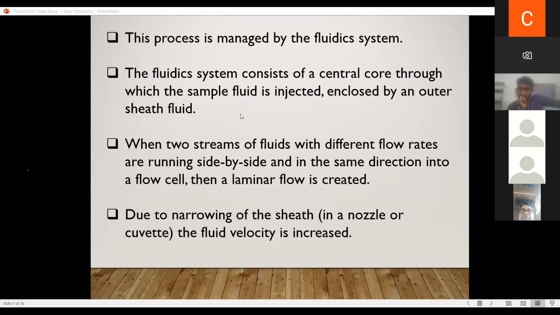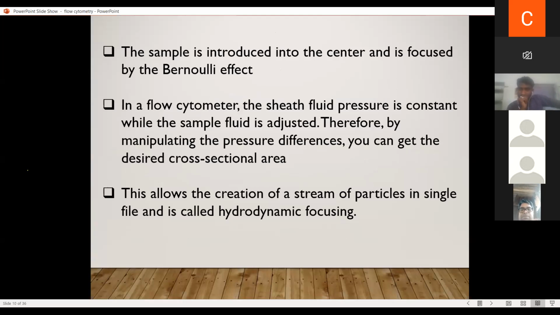Later, the sample is introduced into the center and the Bernoulli effect occurs, and the sheath fluid pressure allows the sample fluid to come into a single profile. Thereby, this allows the creation of a stream of particles in a single file and is called hydrodynamic focusing.